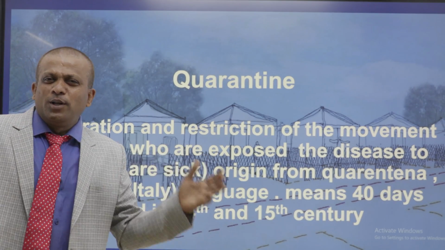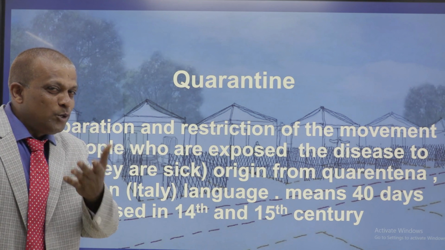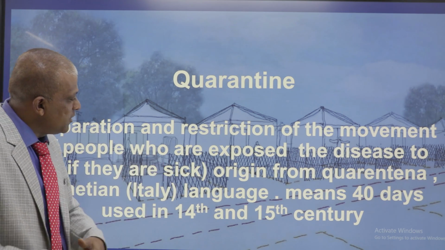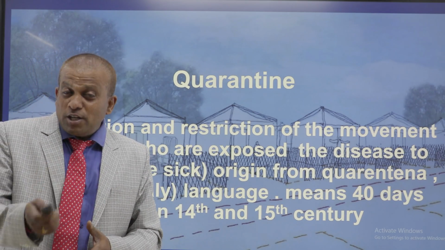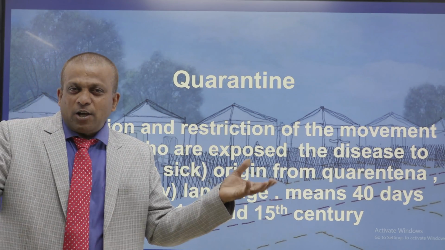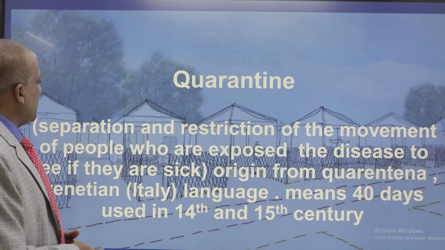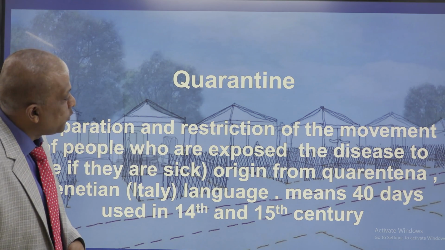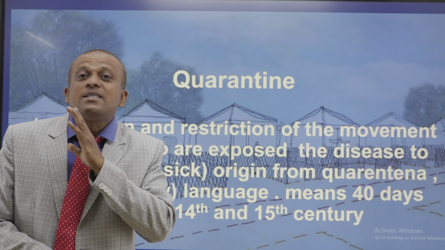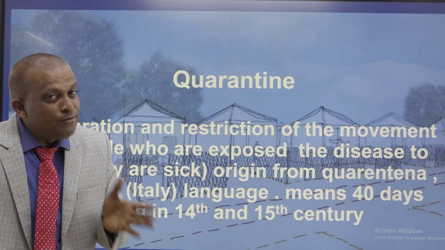Then quarantine, a very popular word at this moment of time. We hear quarantine. The origin is very interesting. During the 14th and 15th century, it was used in the Venetian language in Italy. So, quarantine means separation and restriction of the movement of people who are exposed to the disease, who are not actually sick. So, we are quarantined at home, we are self-quarantined.